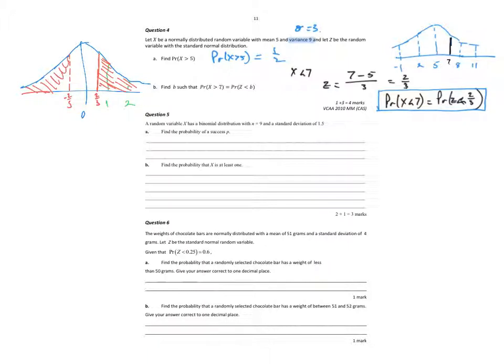So the probability that Z is greater than 2/3 is exactly the same as the probability that Z is less than negative 2/3. So this here is the same as the probability that X is greater than 7, which means it's going to be the same as that. So my B value is actually negative 2/3.